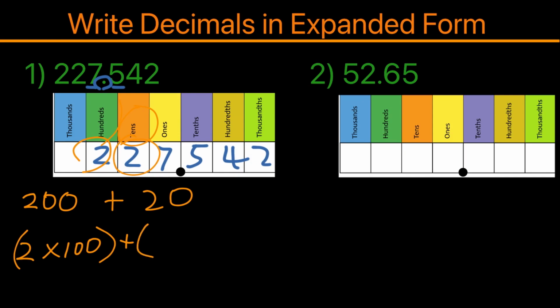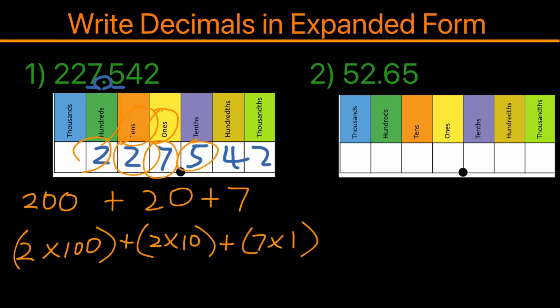So that means this will be 2 times 10. And then the ones, there's 7 ones, so that means it's 7 times 1 is 7. So 7 times 1.